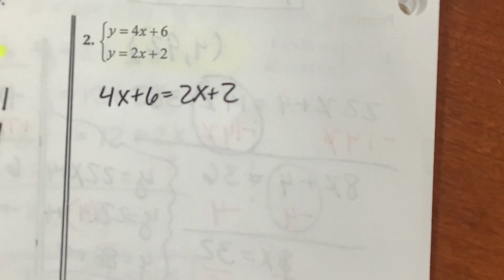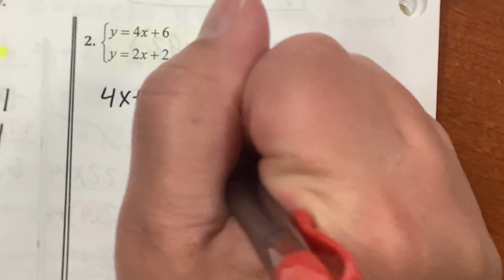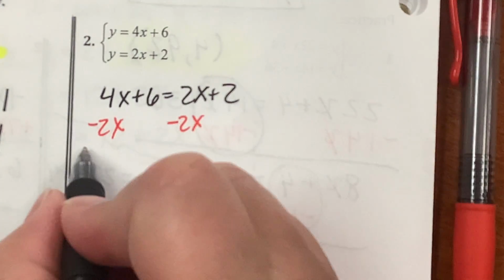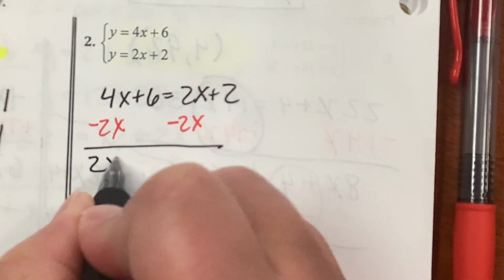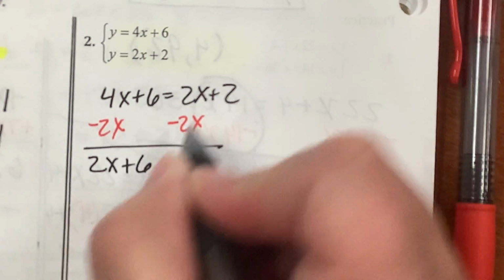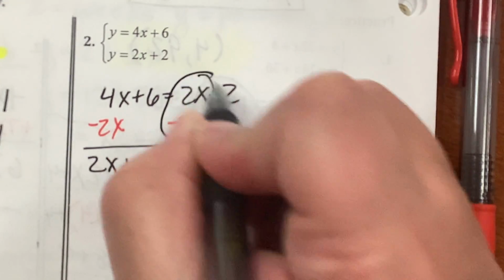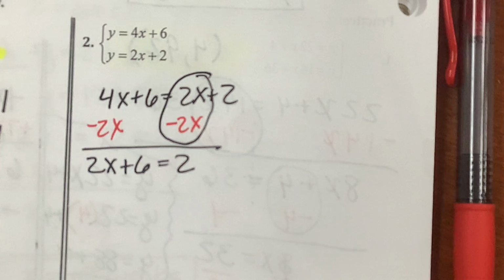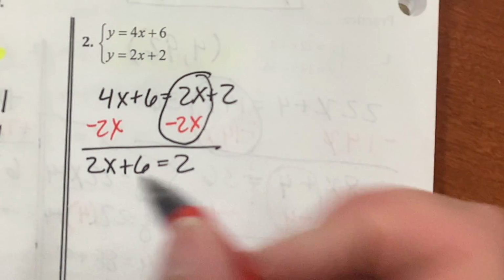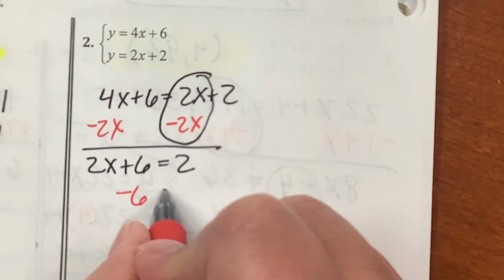4x plus 6 equals 2x plus 2. And I am going to subtract 2x from both sides. -2x, -2x. 4 minus 2 is 2x plus 6 equals 2 minus 2 is 0. Bring down the 2. Okay, so now I can subtract 6 from both sides.